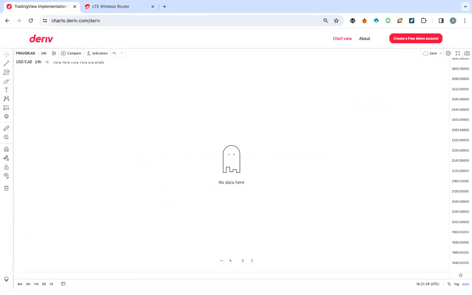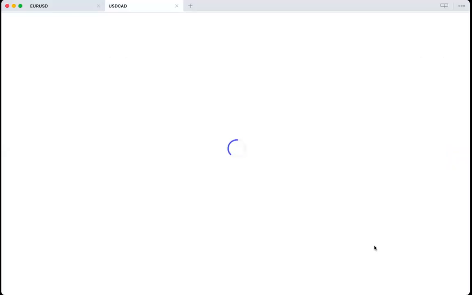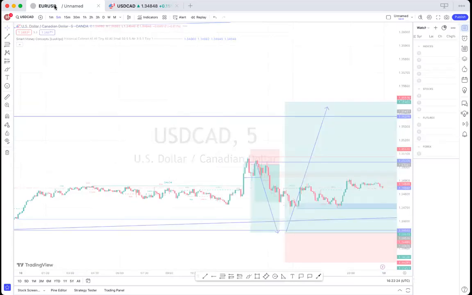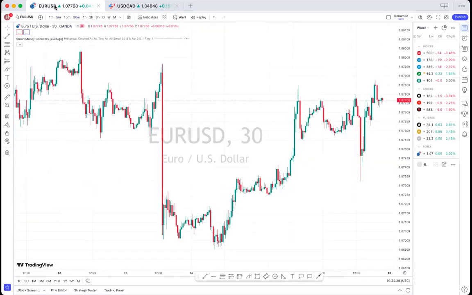Let me try and open my normal one. It doesn't load, so we're just going to make use of synthetic indices as an example. You understand? But I really like us to use the real market as an example. Okay, fine. Yeah, so this is Euro USD.